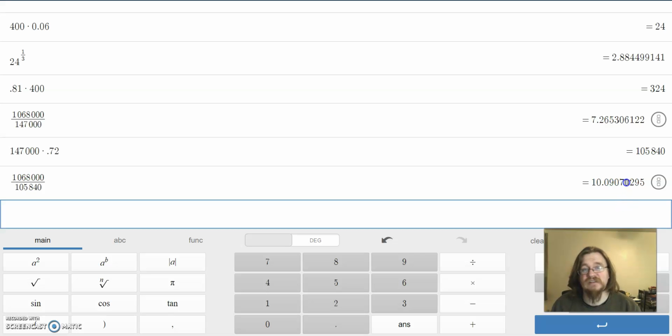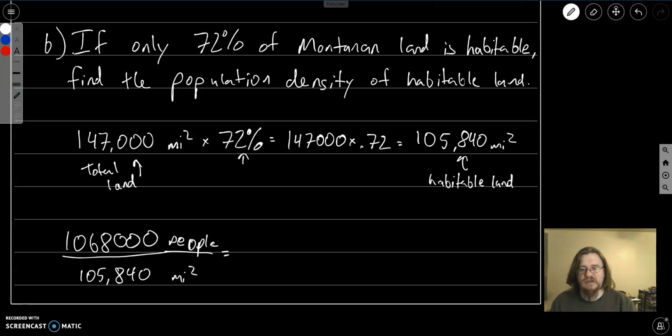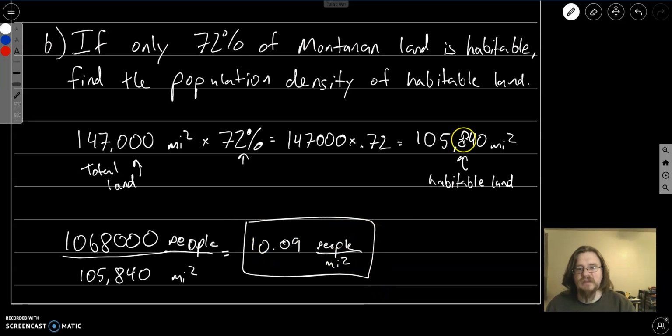If I round to the nearest hundredth place, the second place after the decimal, the 9 stays, but the zero after that will disappear. So this is going to be 10.09 people per square mile. This is the population density of only the habitable land.